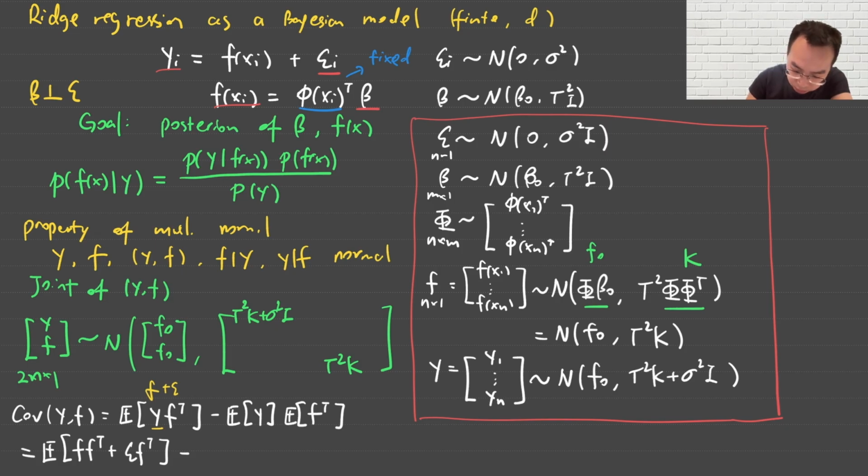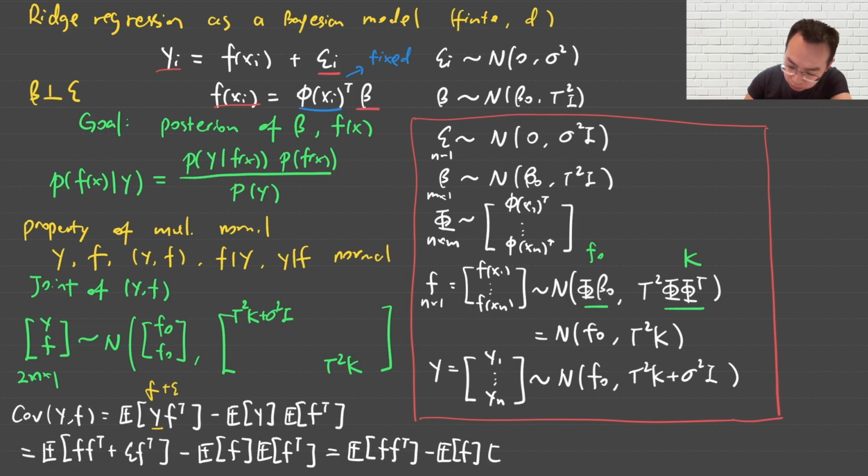So that's going to give us the expected value of f f transpose minus the expectation of f times the expectation of f transpose. That will give us the variance, so this becomes the variance of f.